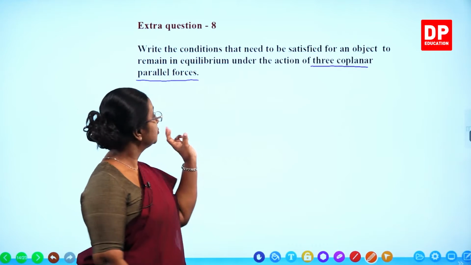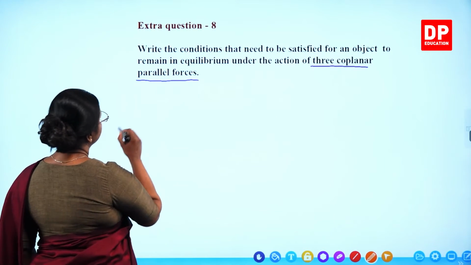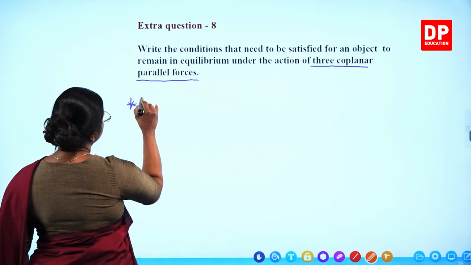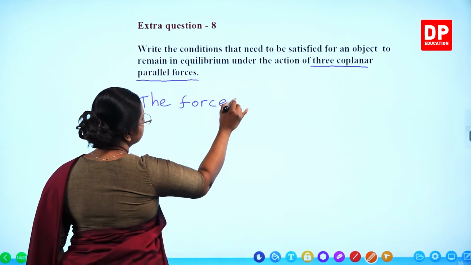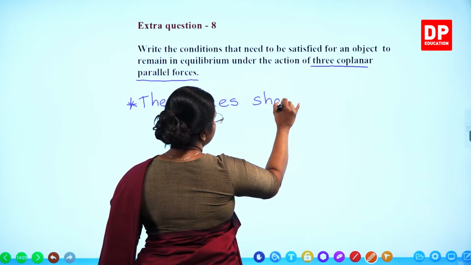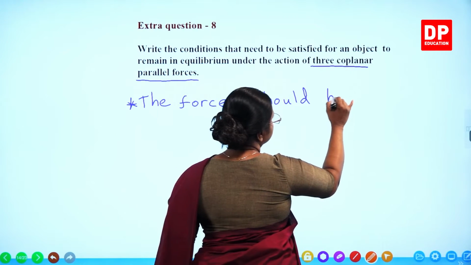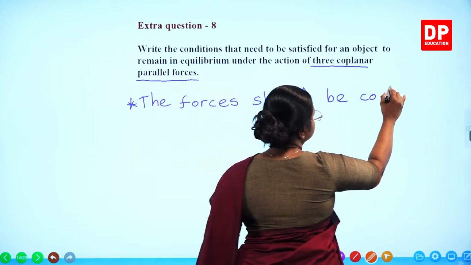So, we need to write down the conditions. First one, the forces should be coplanar.